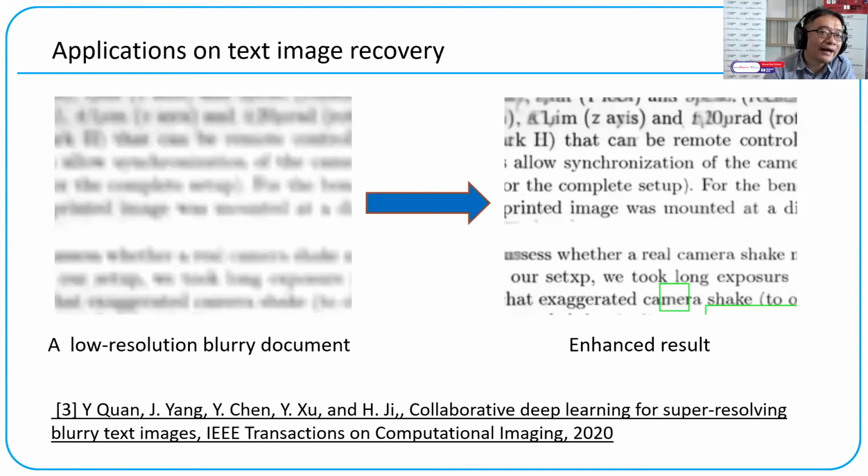However, combining deep learning and optimization unrolling will allow you to recover this low resolution blurred document image into a good one. Of course, here what I did is that the left is actually a technical report with some technical content, some mathematics.